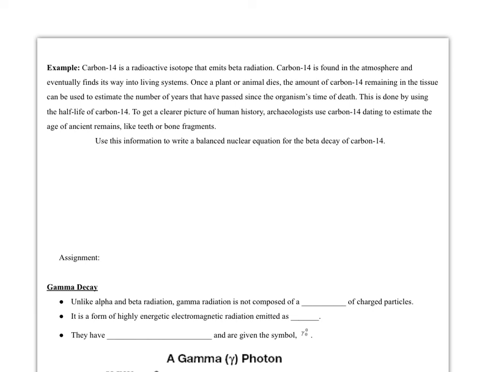Now that you have a moment to try it, let's write the beta decay equation for carbon-14. So carbon is C, carbon-14 would be its mass number, and carbon always has 6 protons. For something to undergo beta decay, it needs to create an electron and some sort of daughter element.